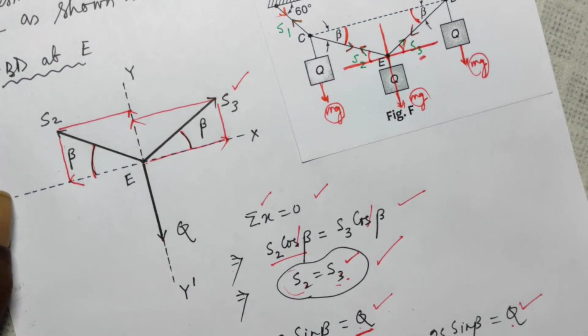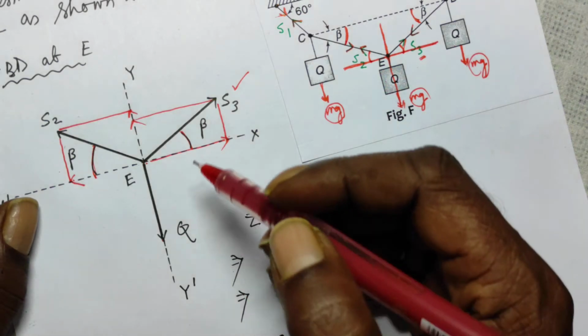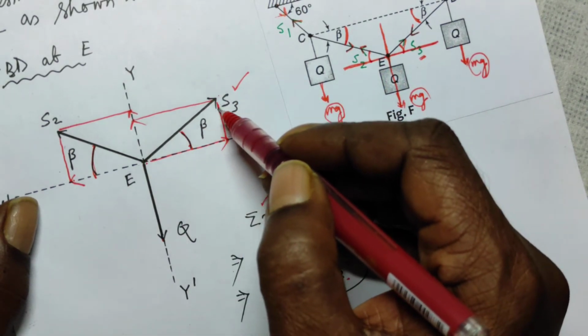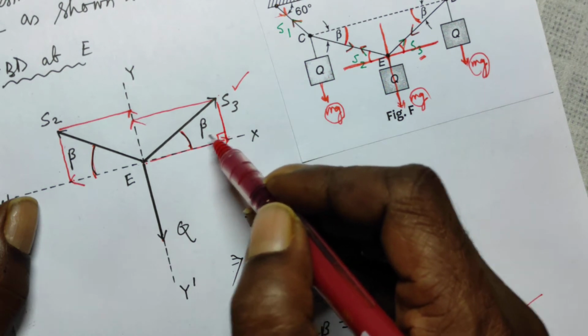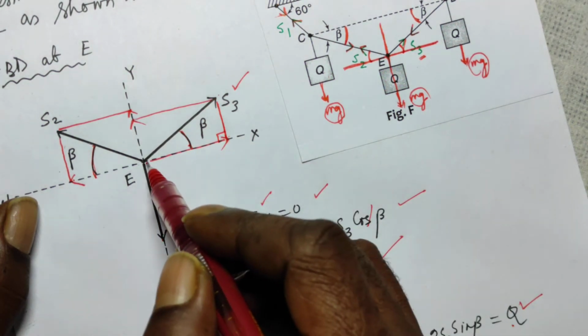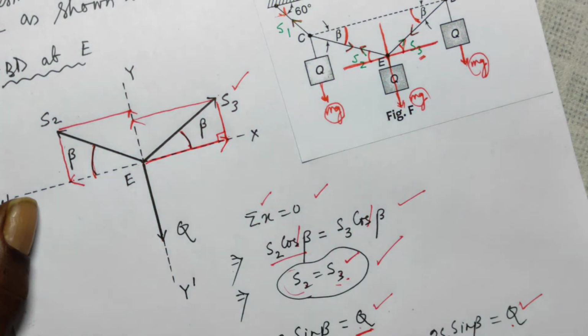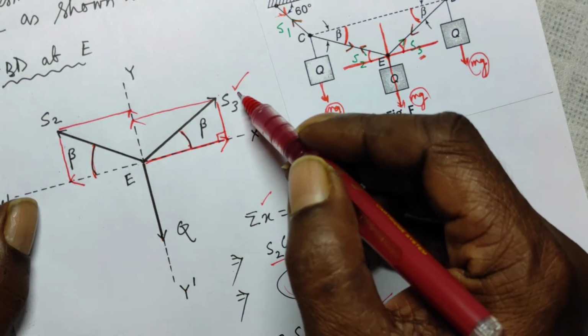So you already know how to take the projection of a vector quantity along the x-axis and y-axis. If you look at this S3 making angle beta, if you drop a perpendicular from here, this part from here to here will be S3 cos beta, that is the x component of the tension force S3.